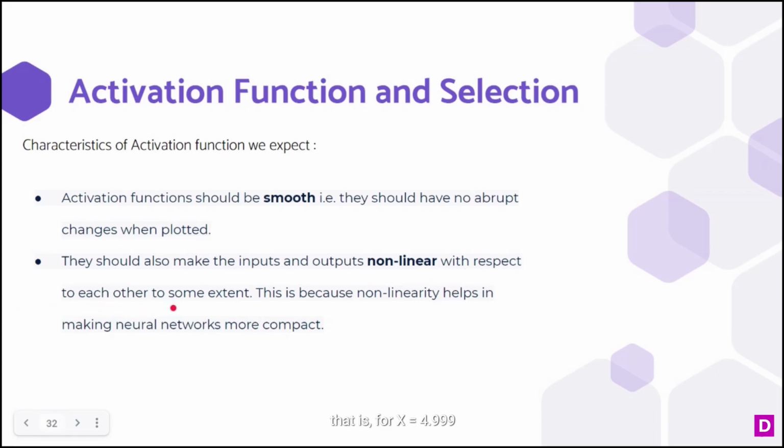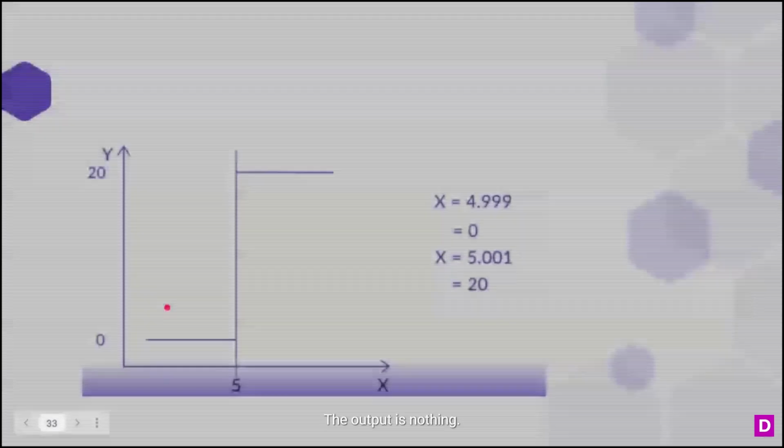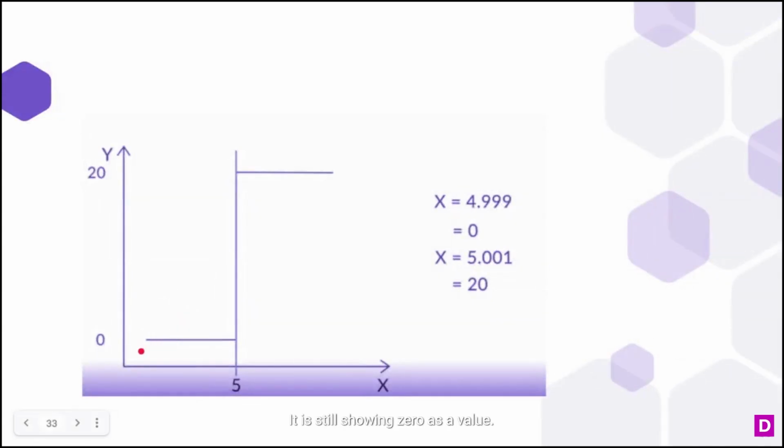For x equals 4.999, the output is nothing. It is dormant, still showing 0. But as soon as you give a signal with a value 5.001, there is a sudden jump in the output signal, that is 20. So this is the point we iterated: an activation function should be smooth. They should have no abrupt changes when plotted.